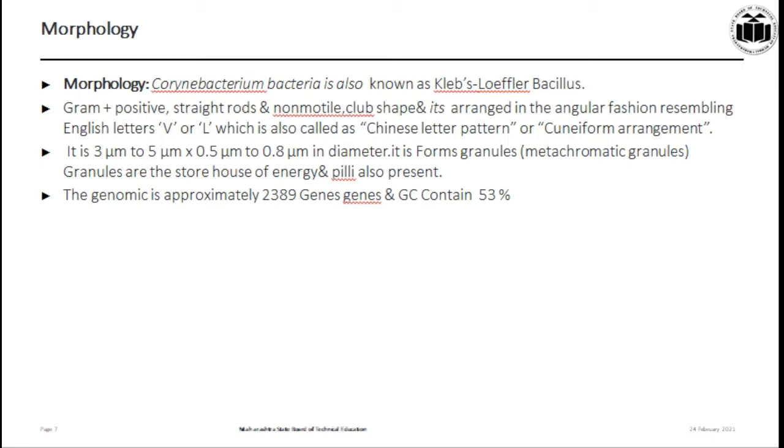Corynebacteria also have pili. When we look at the genomic size of this Corynebacteria, it ranges up to approximately 2389 genes, and the GC content is 53%.